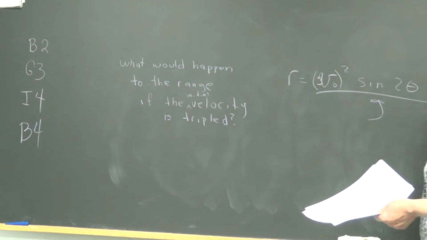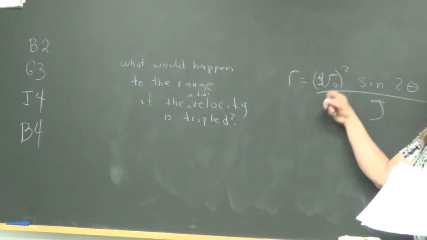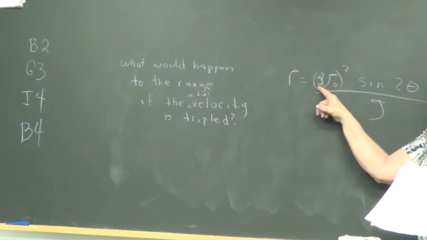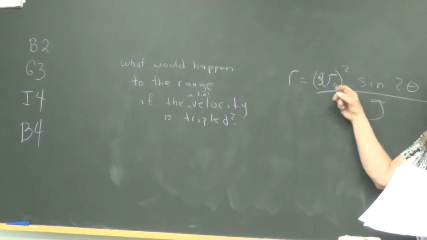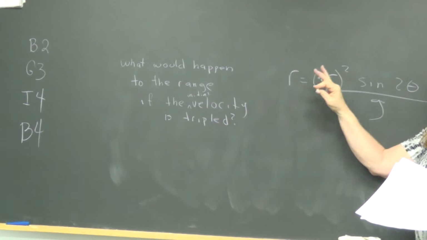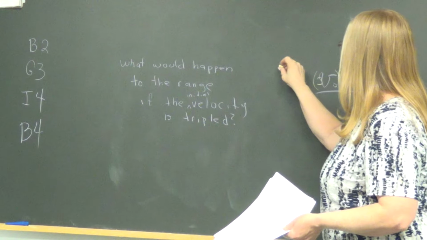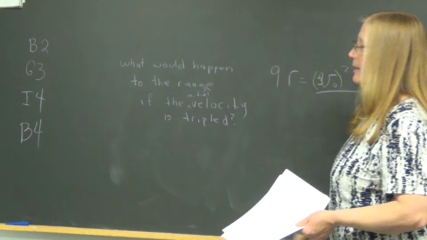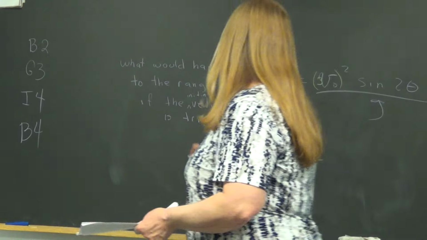Everyone's erasing. So the 3 is hugging the V before it's even squared. So now I'm going to think, well, 3 squared was really a change of 9. So I actually put a 9 in front of the V. And so that will cause me to do a 9 on this side. So the range was multiplied by 9.